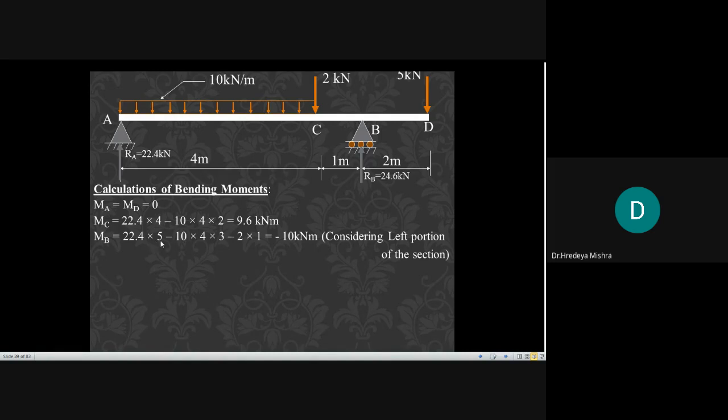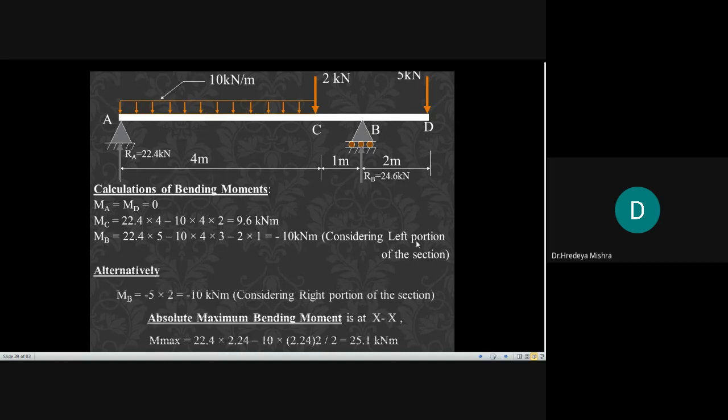So 24.5 into 5, 10 into 3, the distance is 3 now, minus 2 into 1, 10 kilonewton, clockwise left hand section position.